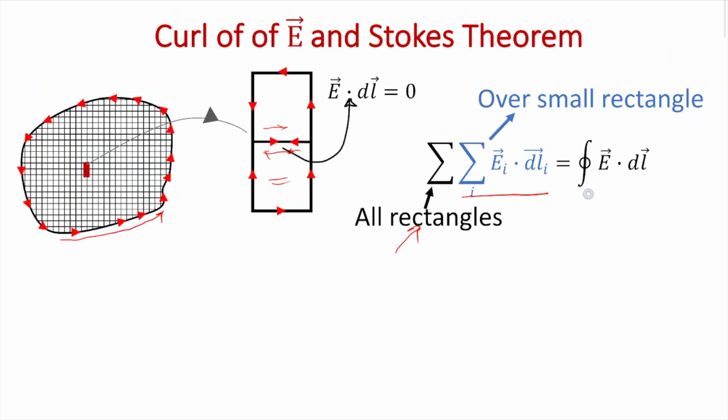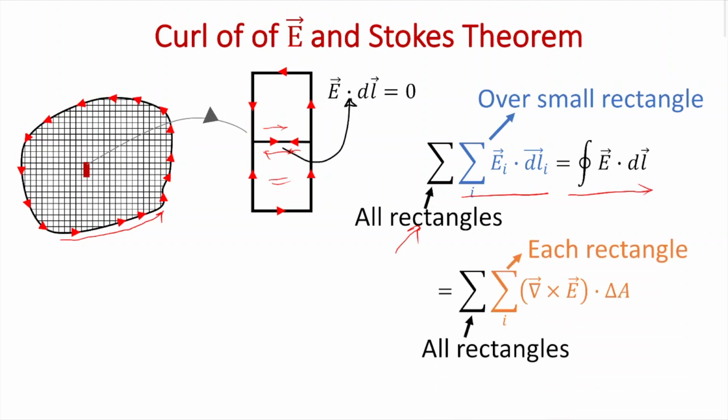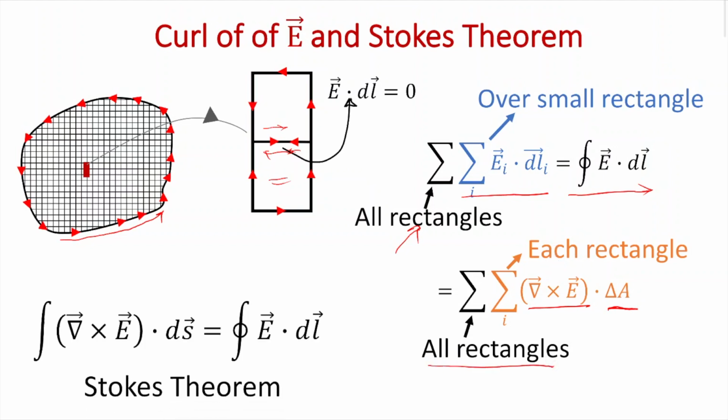We saw in the last slide that E dot dl is also equal to del cross E dot the area vector from each rectangle, and then you add all of the rectangles. Now we can equate these two values, and we see that the surface integral of del cross E dot ds is equal to the closed line integral of E dot dl. This is nothing but Stokes' theorem.